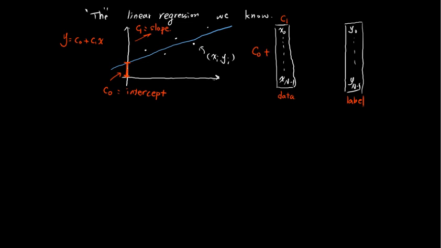So we use the formula C0 plus C1 times X, and we hope this quantity is very close to the answer that we want. And that's the philosophy. The goal is to find C0 and C1 so that these two vectors are very close to each other.